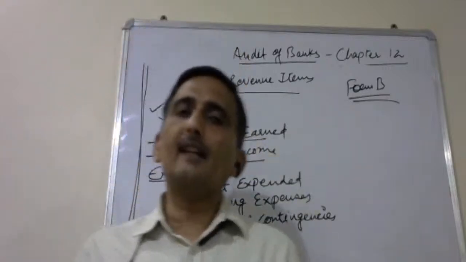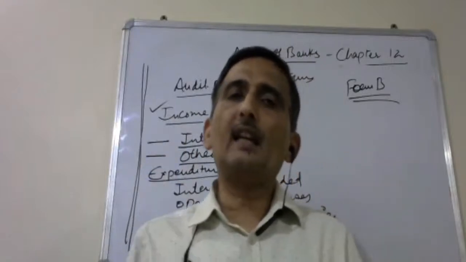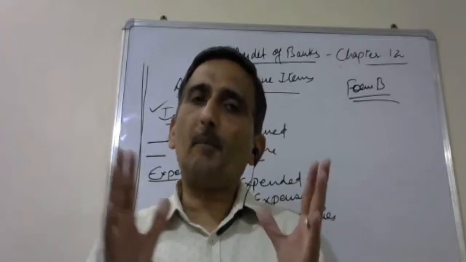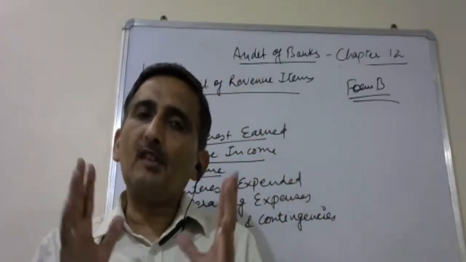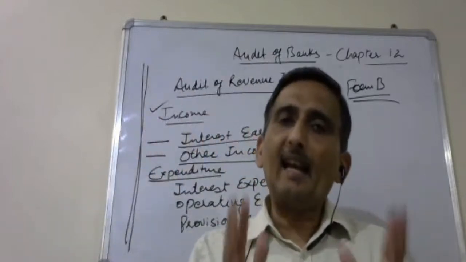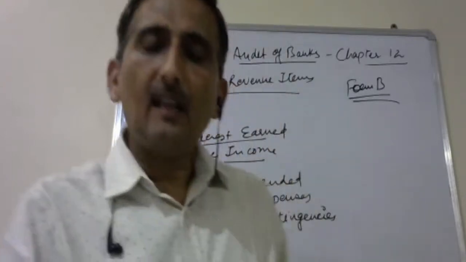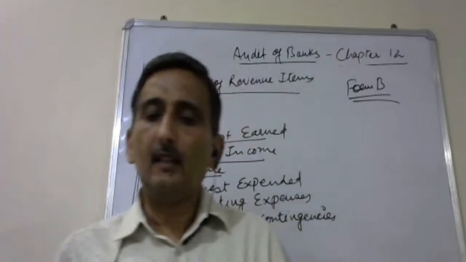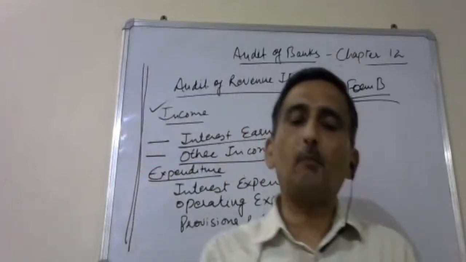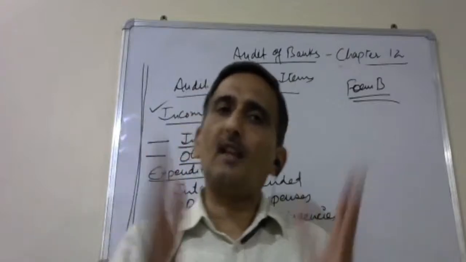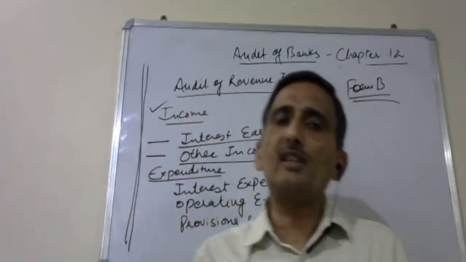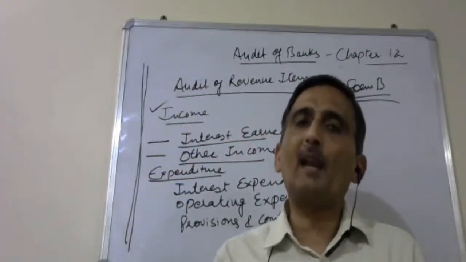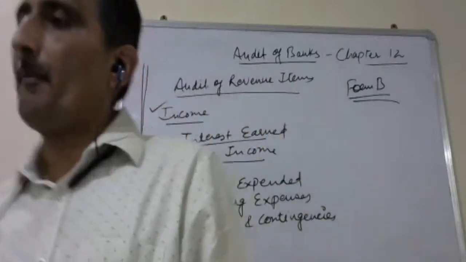All the residual expenditures fall under the head other operating expenses, like establishment expenses, payment for employees, provision for salary of employees, rents, printing and stationery, advertisements, depreciation, legal expenses, auditor fees, postage and telegram, repair and maintenance, and all other heads. All the usual audit procedures which apply in case of any other organization also apply in case of banks.